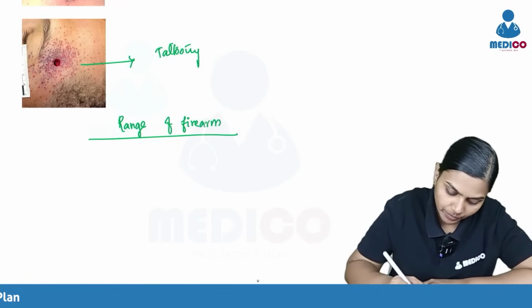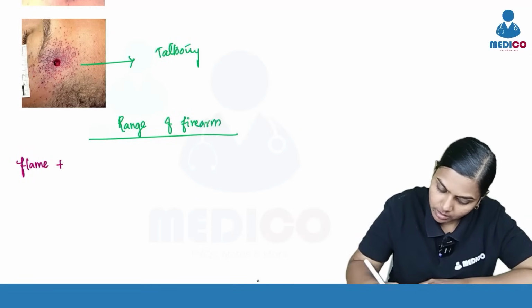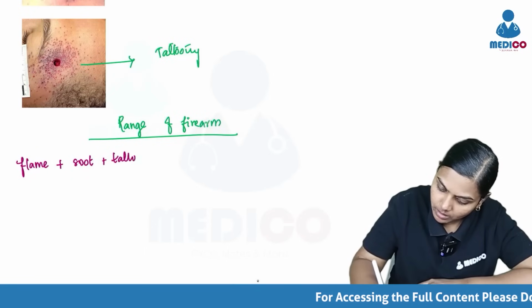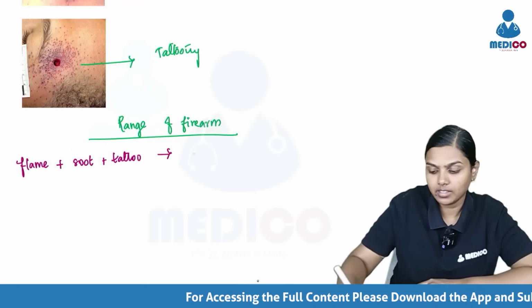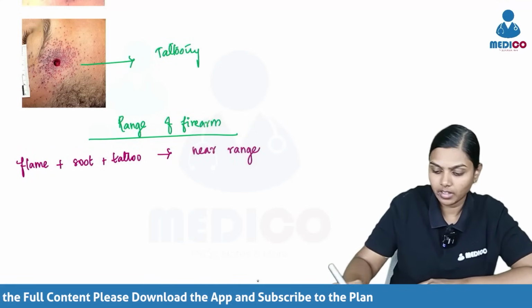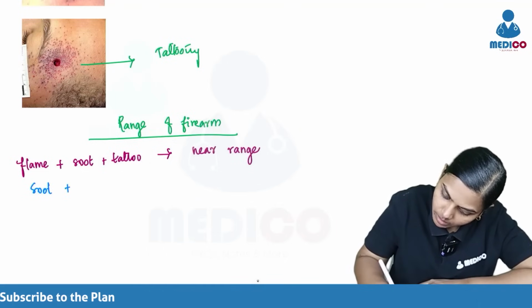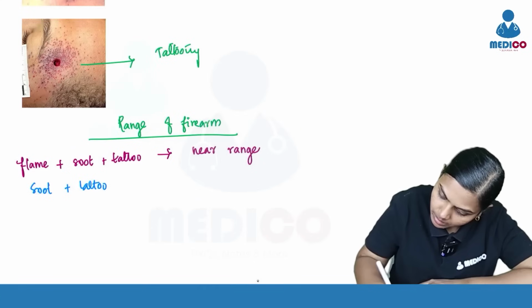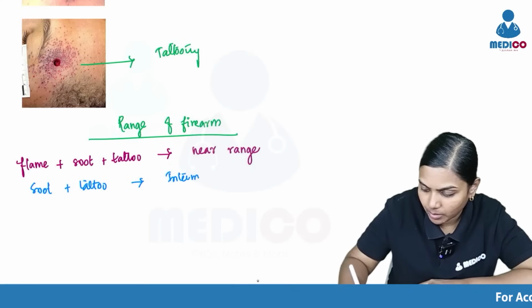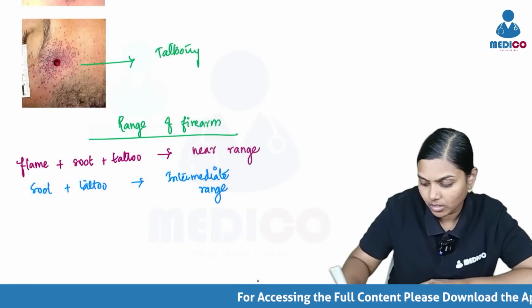How? If you are seeing flame plus soot plus tattoo, then it is near range. If you are seeing soot plus tattoo, it is intermediate range.